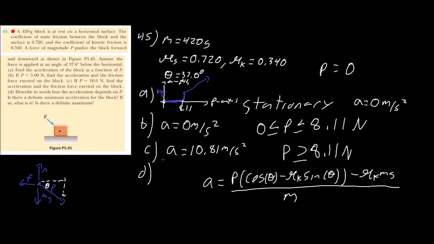The acceleration depends on P cosine of theta minus the friction, which is the coefficient times the normal force, which is mg plus P sine of theta. So it's P cosine of theta minus the coefficient times mg plus P sine of theta, all divided by the mass.